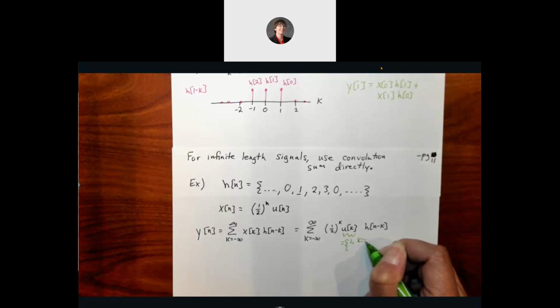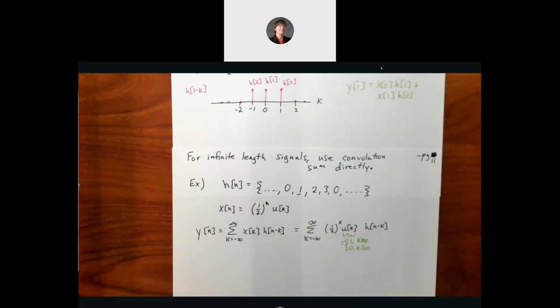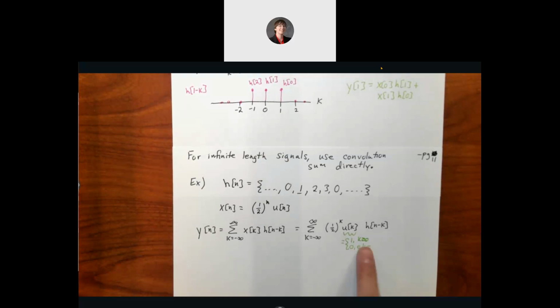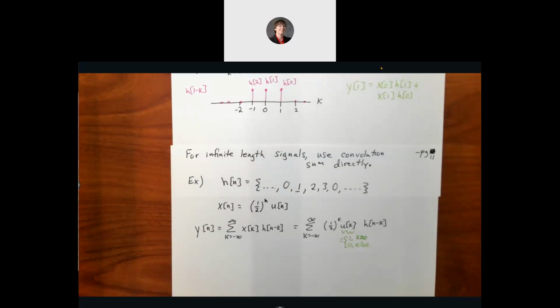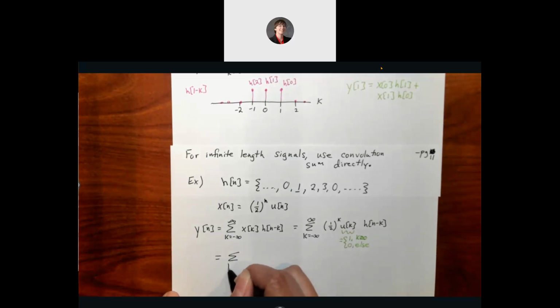If we look at this u of k, we know that u of k is equal to 1 when k is greater than or equal to 0, and 0 otherwise. So we don't need all of those zero sums that we have here.